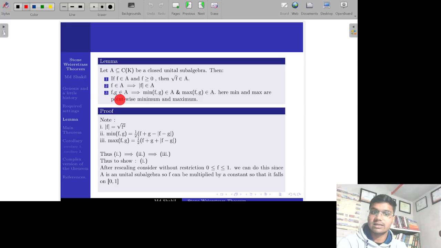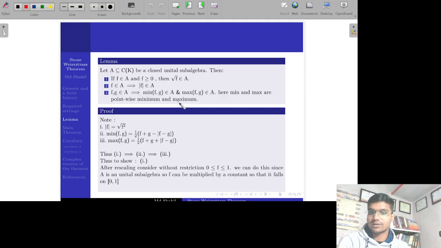And the third point is that if f and g are elements of A, it implies that the minimum and the maximum of f and g will also be an element of A. Again, minimum and maximum are pointwise properties.